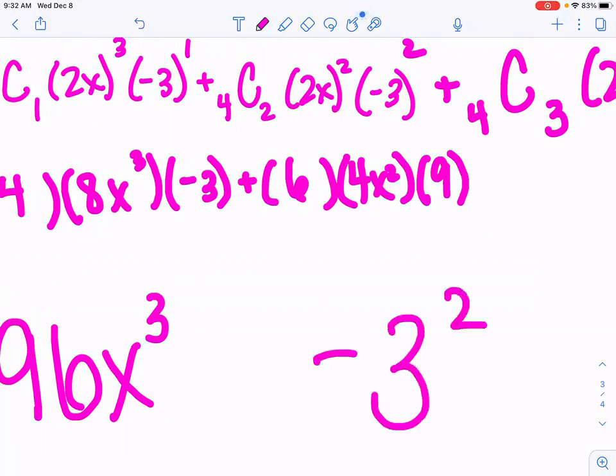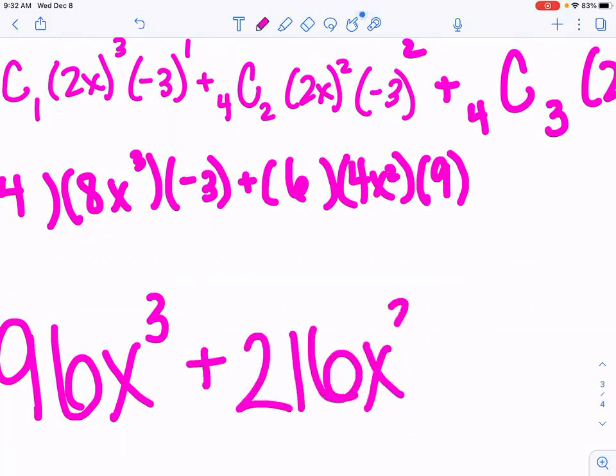If you put this into your calculator, it's going to give you -9 because it's squaring the 3, not the -3. Okay, what is 6 times 4 times 9? We have 216x squared for our next term.